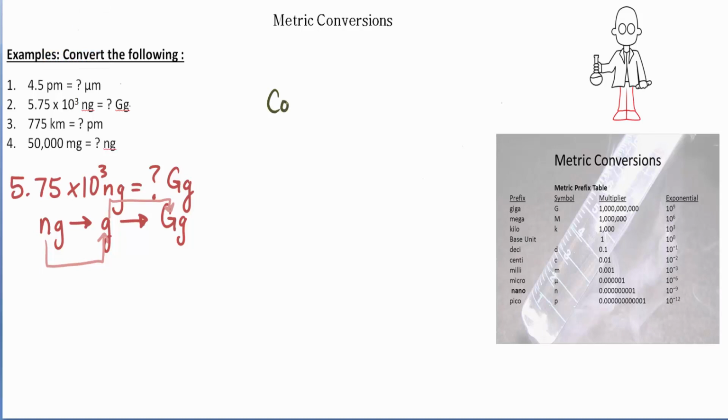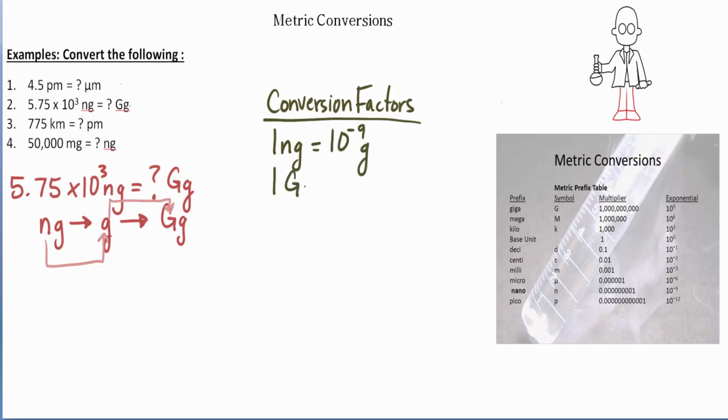So our conversion factors: in 1 nanogram, we have 10 to the minus 9 grams. In 1 gigagram, we have 10 to the 9th grams. That's this metric prefix and that metric prefix. So we can work this out using those 2.